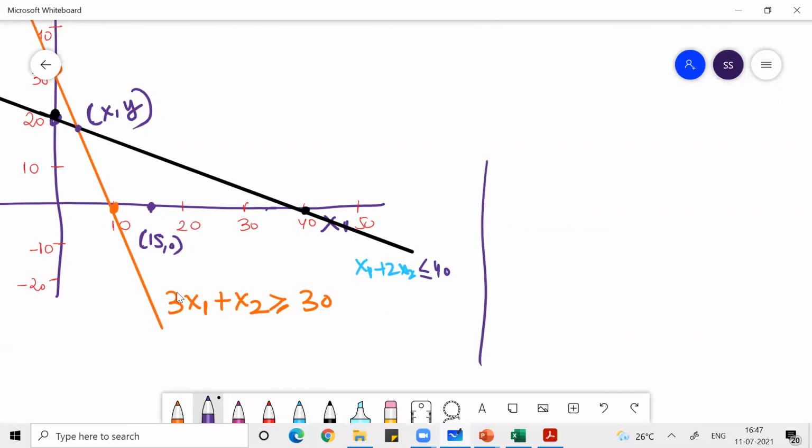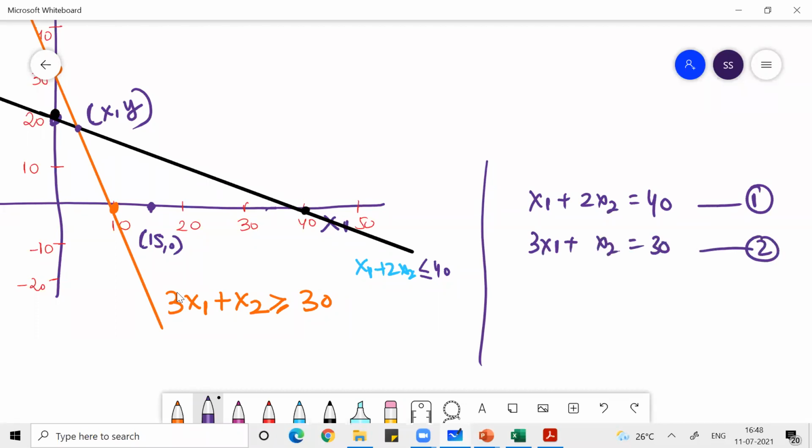One line is x1 plus 2x2 is equal to 40. That is your first line. Your second line is 3x1 plus x2 is equal to 30. Now, you know how to solve linear equations; you just need to solve it. Either I can cancel x or I can cancel y.